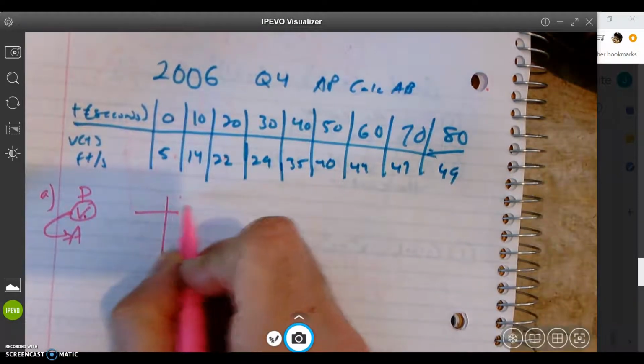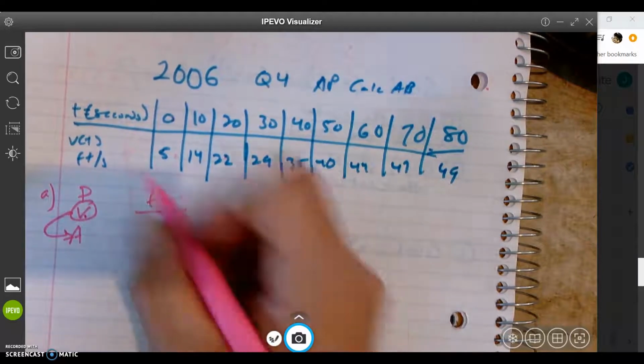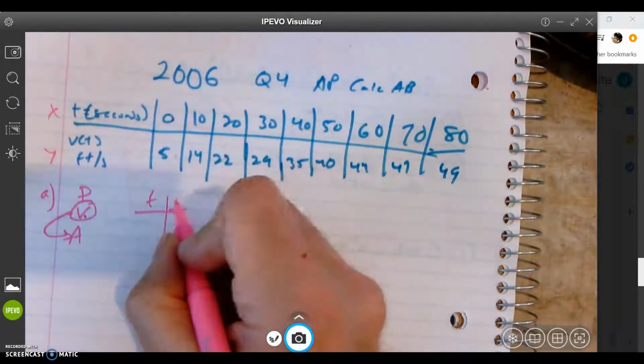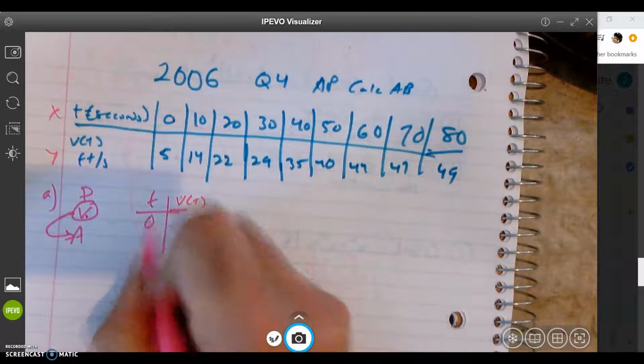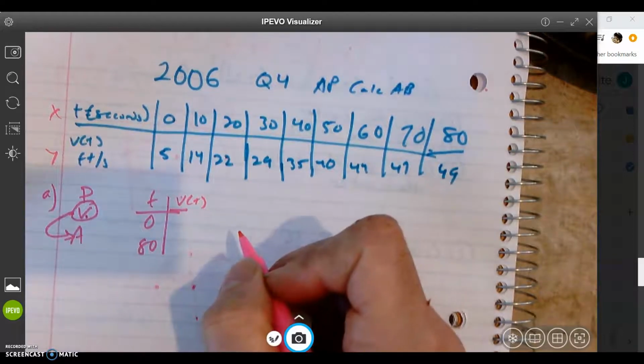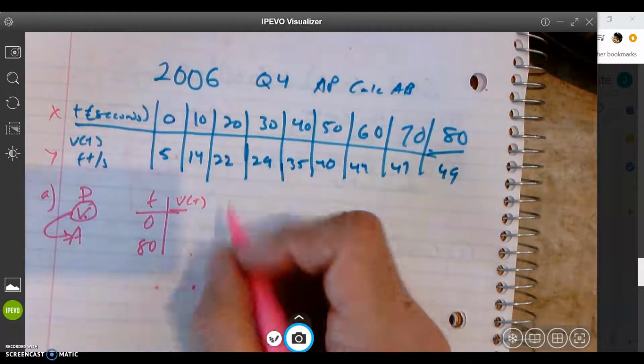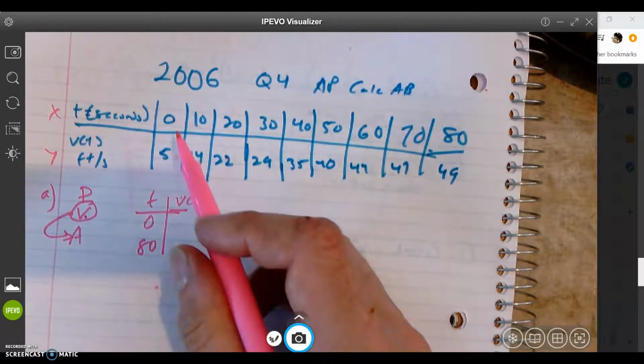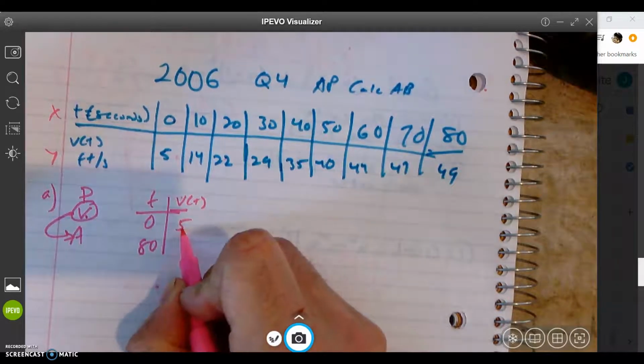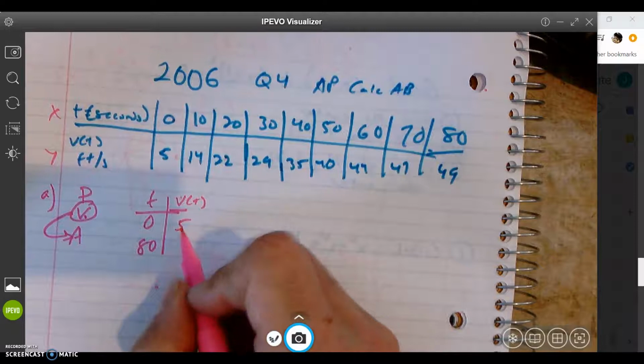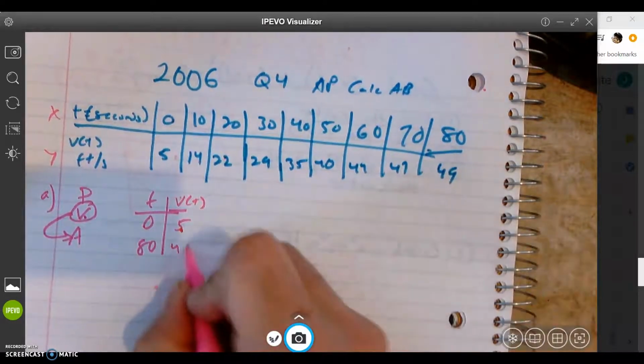So I'm going to create my chart. T is always the x, and then v of t is the y. Between 0 and 80, that's what we're talking about. We have v of t is 5, so we're going 5 feet per second at 0, and then at 80 it is 49.